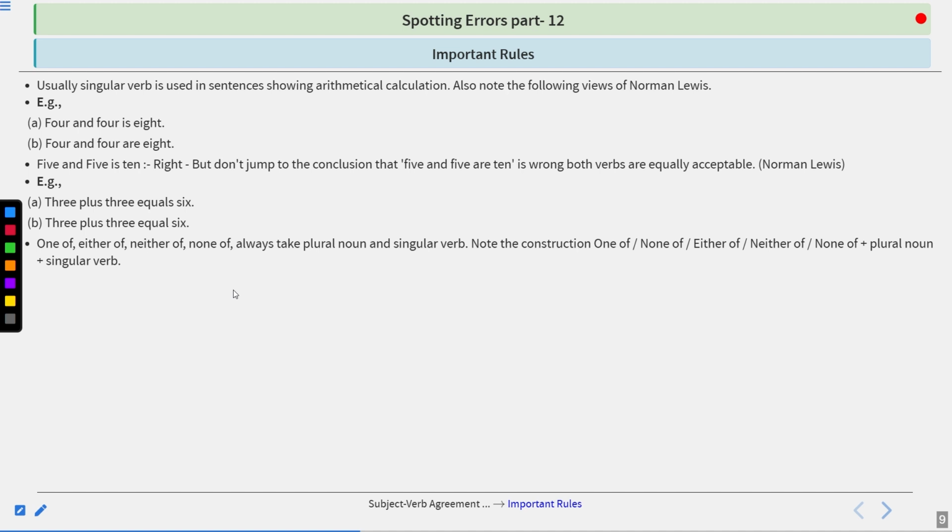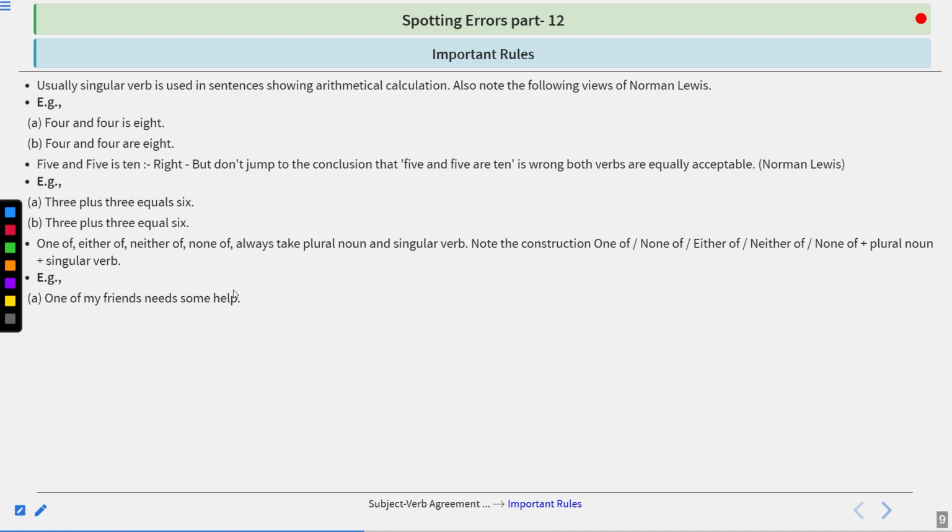Let's move to another. If you find one of, either of, neither of, none of, always take plural noun and singular verb. Note the construction: one of, none of, either of, neither of, plus plural noun plus singular verb. So you have to remember the structure and the construction.